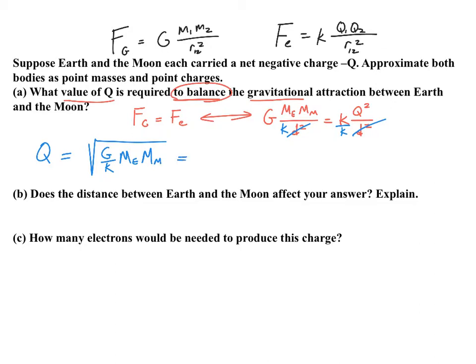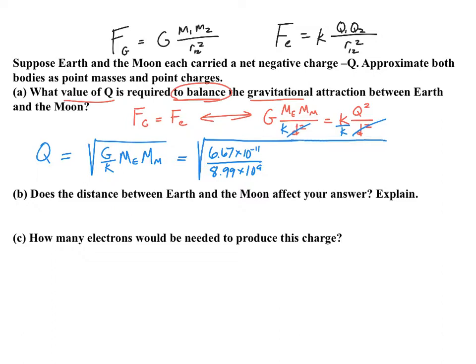So, you may not recall, but the gravitational constant is 6.67 times 10 to the minus 11th. I'm going to skip on the units. K, we've seen that a few times already, 8.99 times 10 to the 9th.